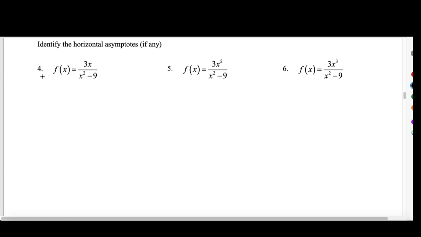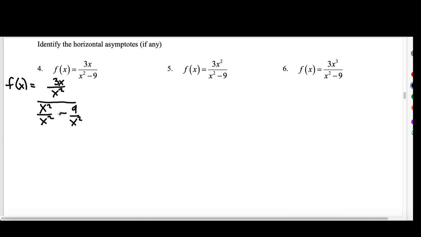For example, in problem 4 here, the largest power of x that we see anywhere is x squared. So I'm going to divide every single term by x squared. So I get 3x over x squared divided by x squared over x squared minus 9 over x squared.